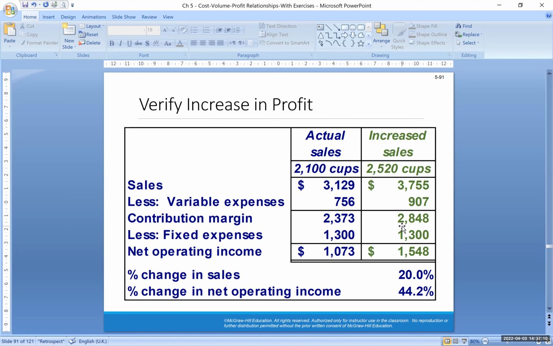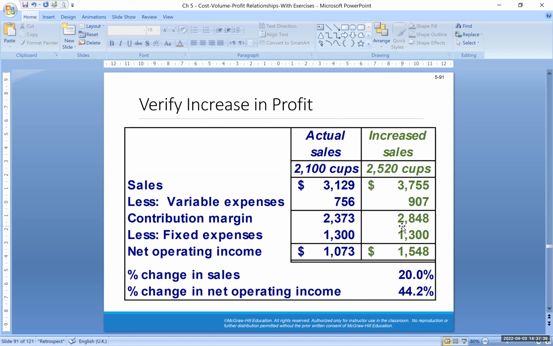So 20% in addition to the 2,100, times 1.2 if you like, equals 420 plus 2,100, which is 2,520. Again, 2,100 cups multiplied by 20% equals 420 cups.